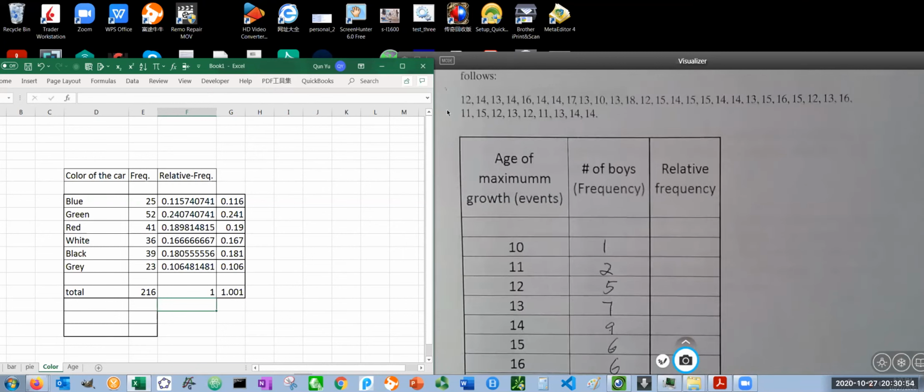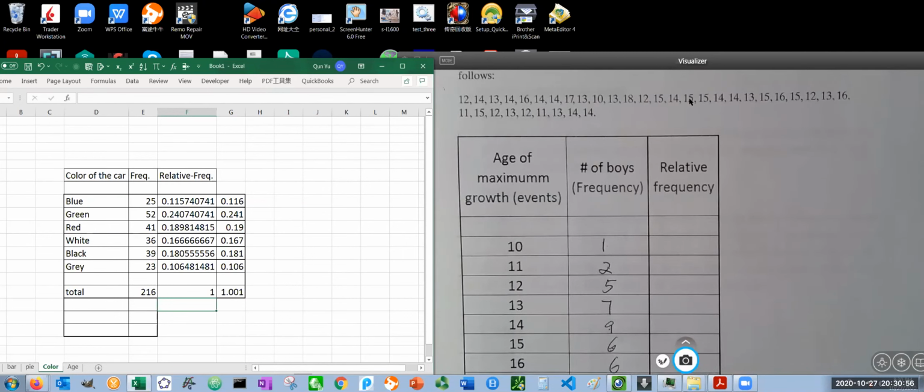Let's do it again. Number 10 is 1. That's right. Number 11, slowing down a little this time, is 2. Still right. Number 12, 1, 2, 3, 4, 5.